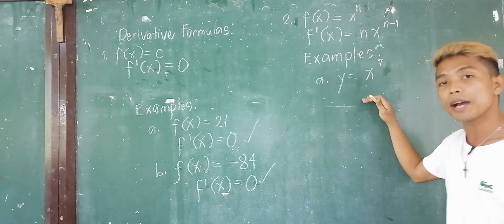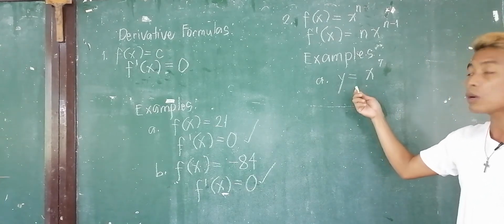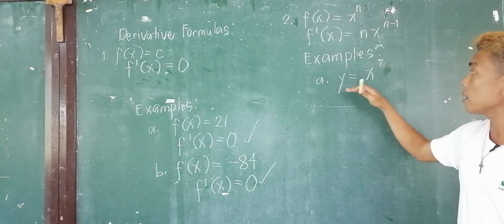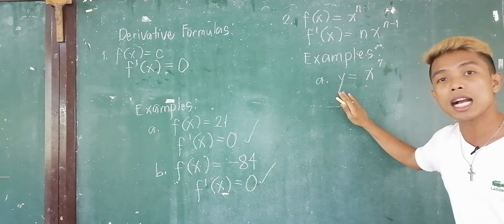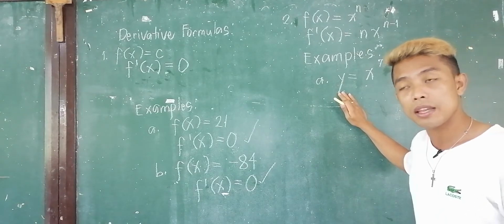Sa ating example number 1, we are given a function y is equal to x raised to 7. Huwag pong malilito, yung function na y equals x raised to 7, pareho lang naman siya kung yung y gagawin mong f of x. Wala po yung pinagkaiba. Okay?